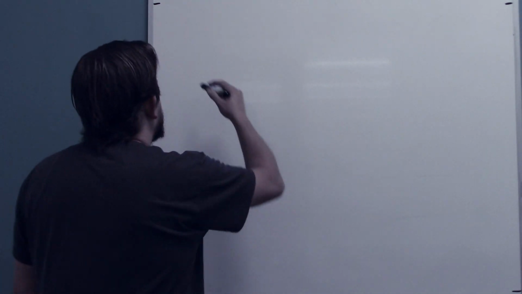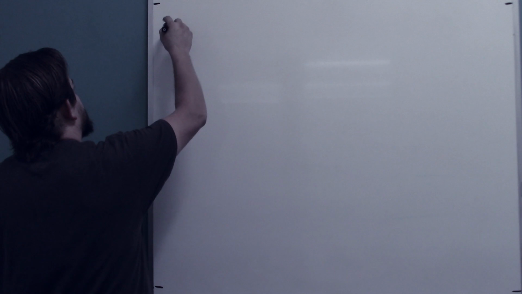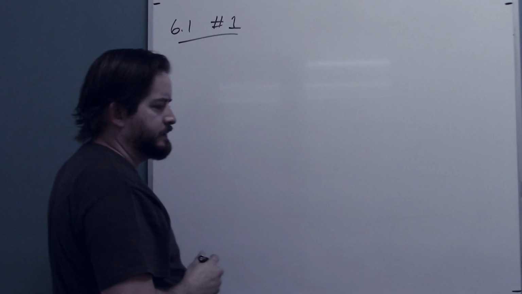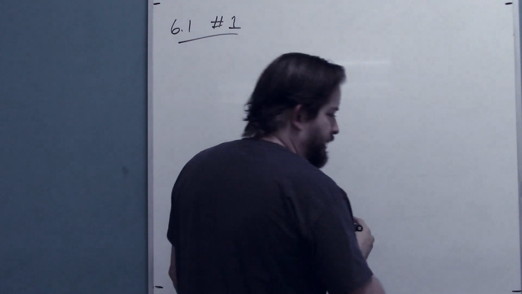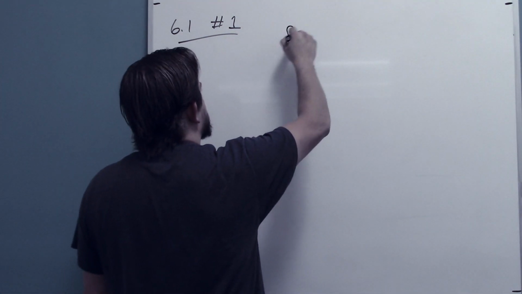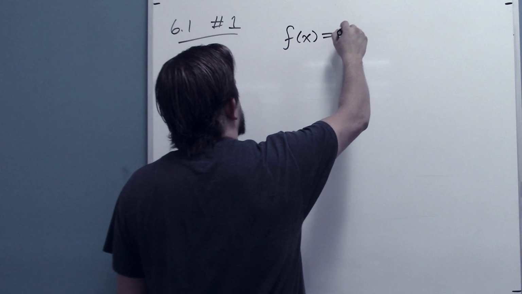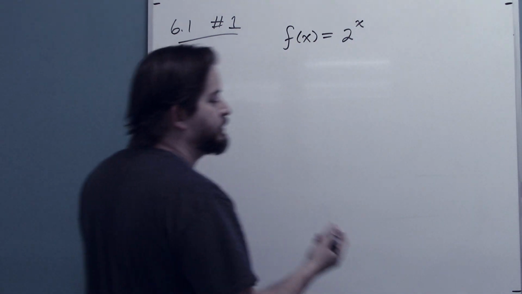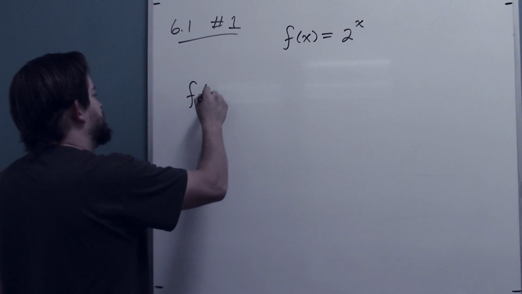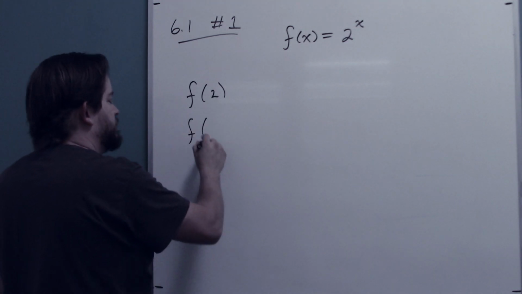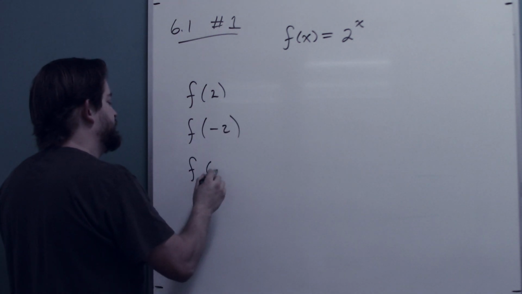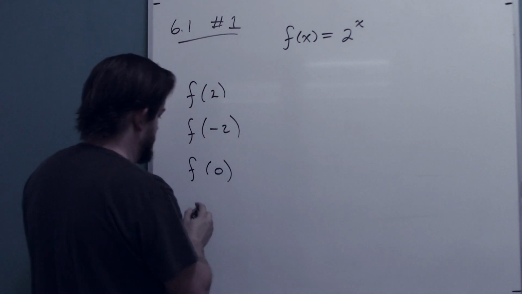The first one says that we have a function, f of x is 2 to the x. And we want to evaluate a couple of places like f of 2, f of negative 2, f of 0, and f of 1, right?